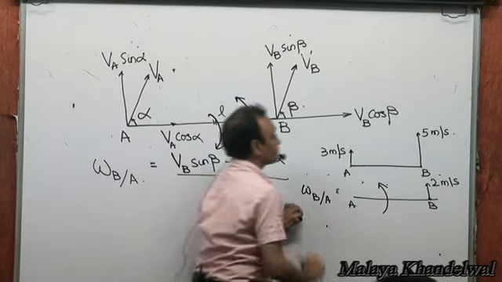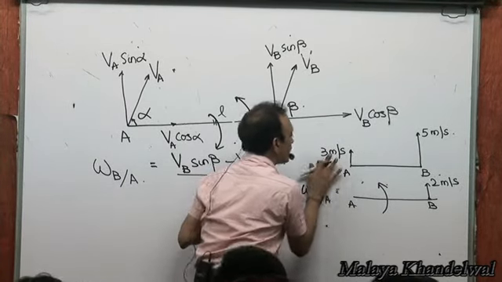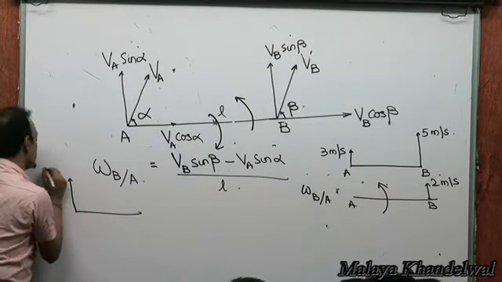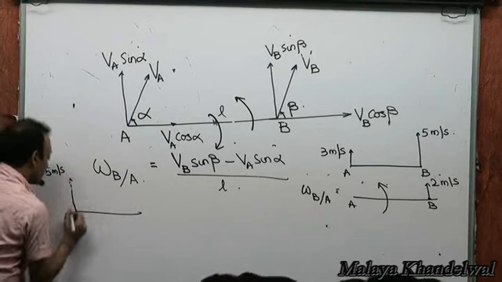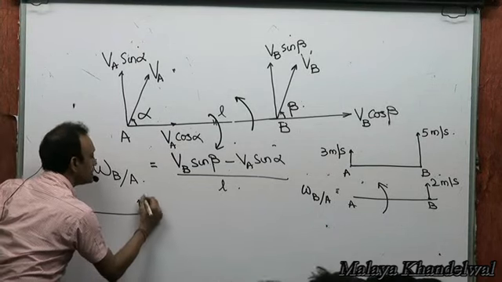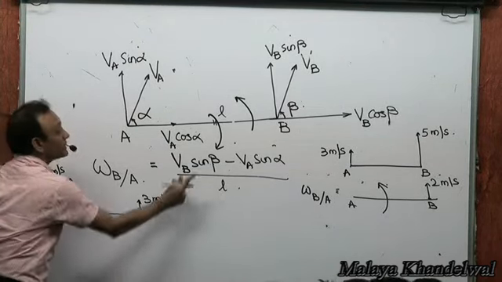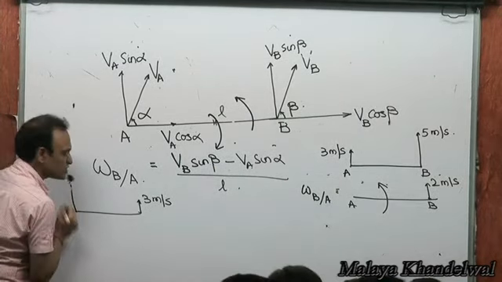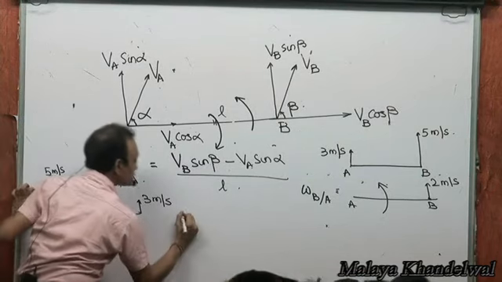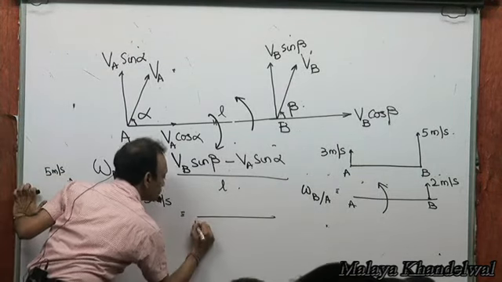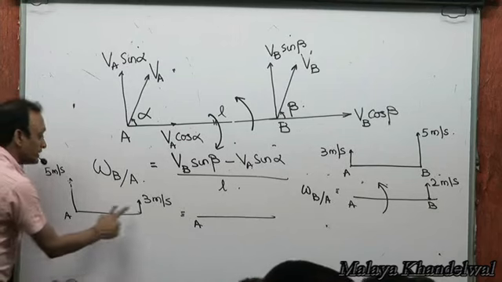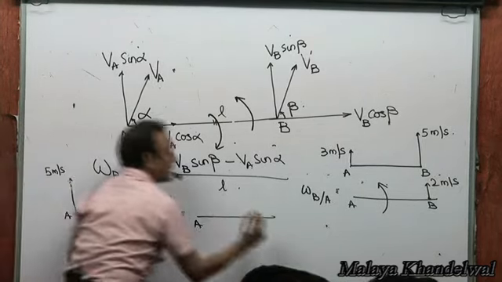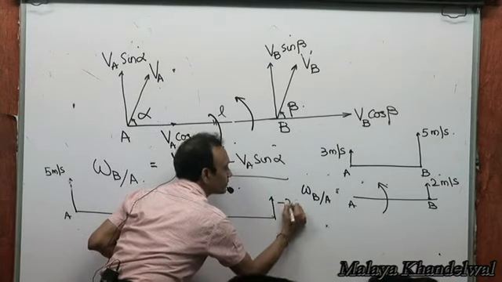But suppose I had a situation like this, where A had a velocity 5 meters per second like this, and B had a velocity 3 meters per second like this. That means in this case VB sin beta is less than VA sin alpha, right? If I am choosing A to be my observer, then the velocity of B will not be 3 meters per second, it will be 3 minus 5, minus 2 meters per second like this.